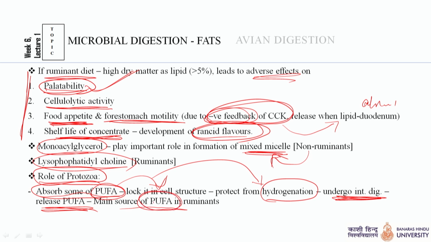Remember, otherwise the hydrogenation process in the rumen itself would completely utilize all the PUFAs, and they would not be available to the animal. So that is how the protozoa help the animal, by consuming a lot of starch, and in exchange giving polyunsaturated fatty acids, in addition to some starch granules and some microbial proteins.